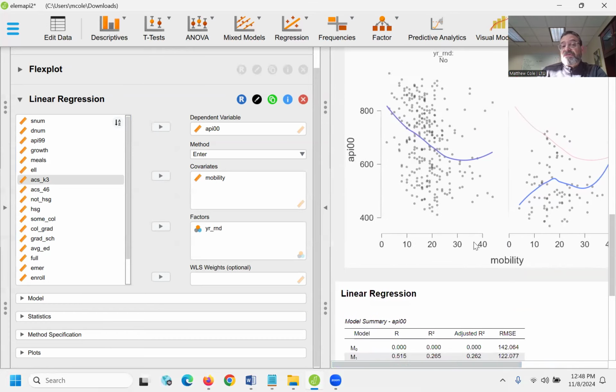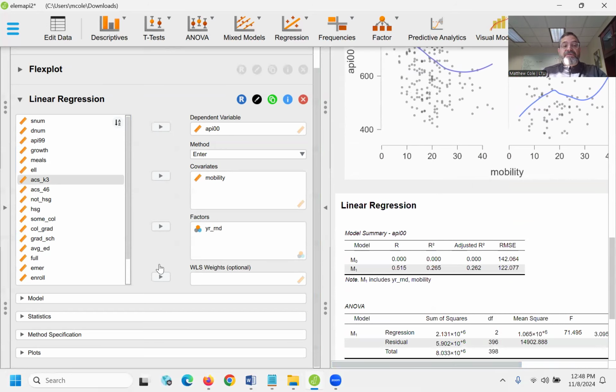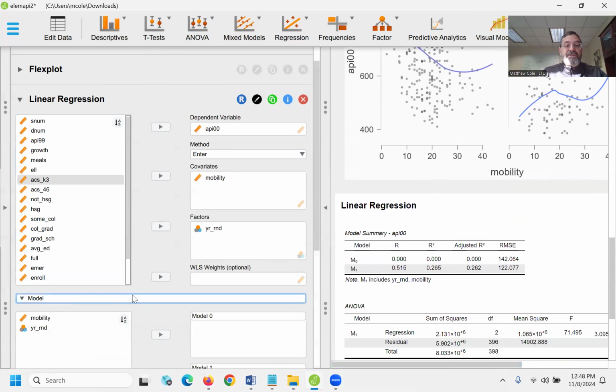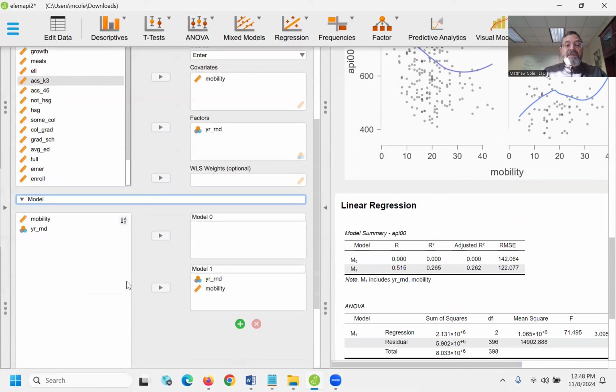That's really the question. That's why in our model, we want to do a year-round times mobility interaction.